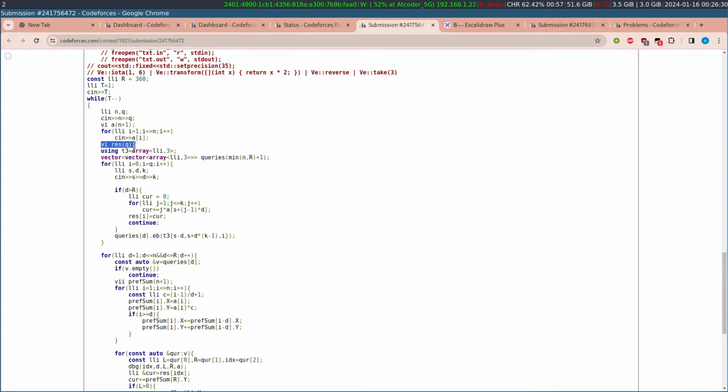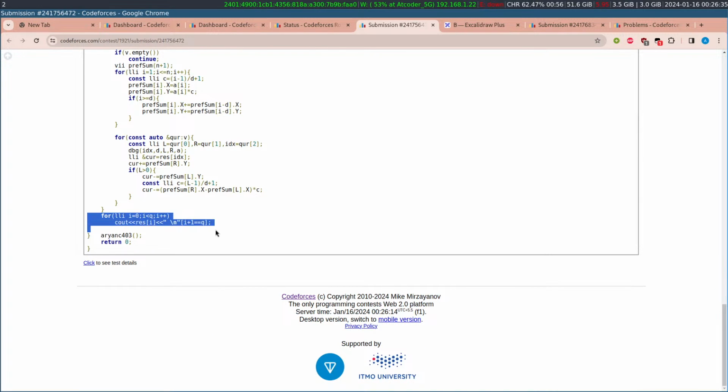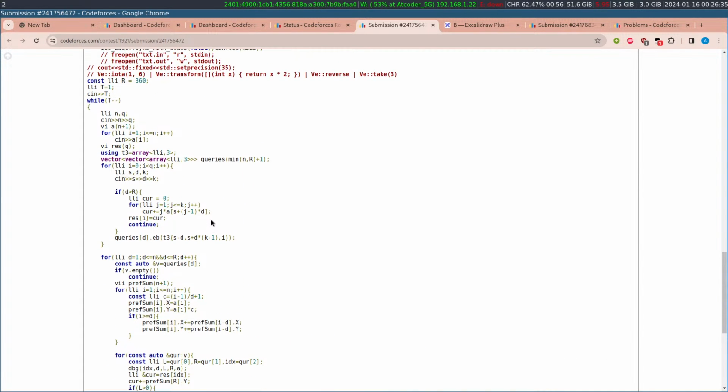I'm maintaining a vector, which would be my result, and at last I will print that result. I iterate over all the queries. Take S, D, and K as input. I have defined a constant R which is around 360. If D is greater than R, directly brute force using the order n algorithm I have said.